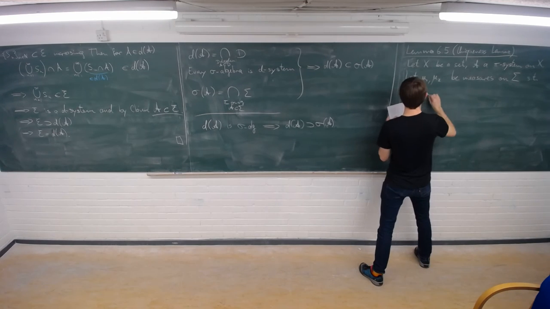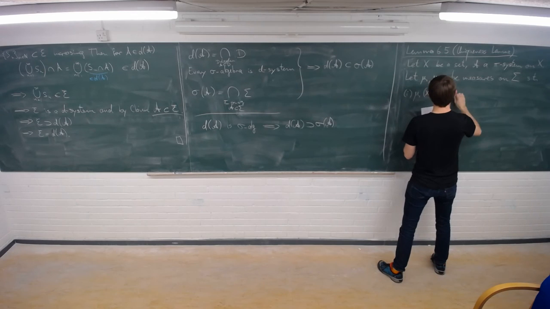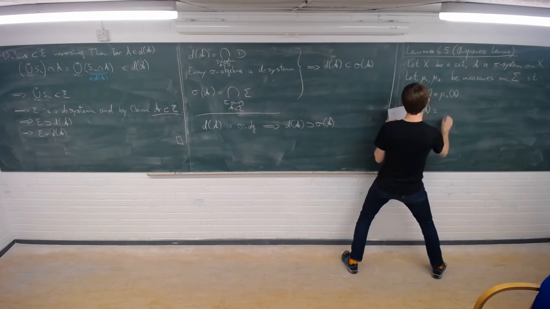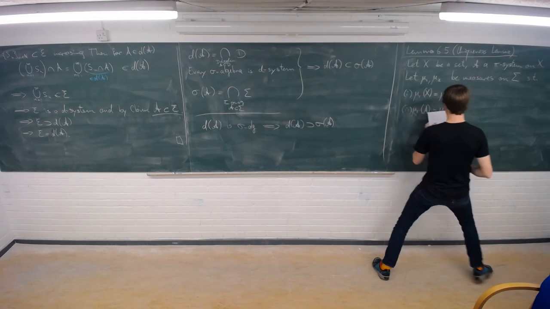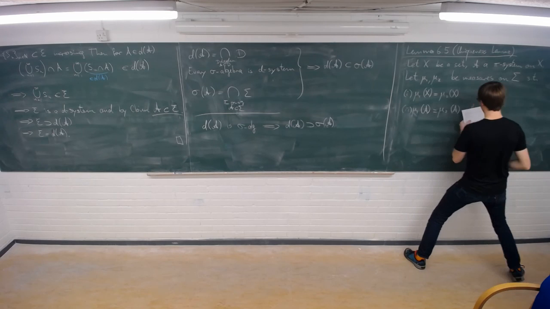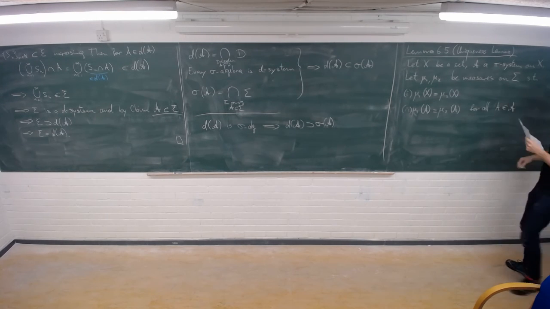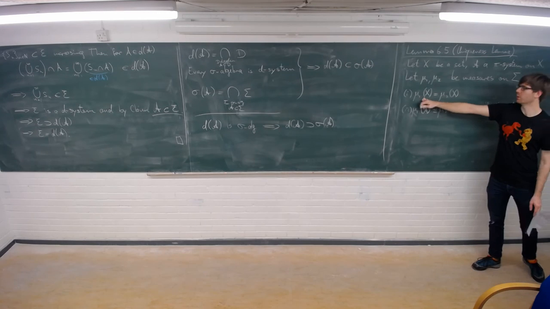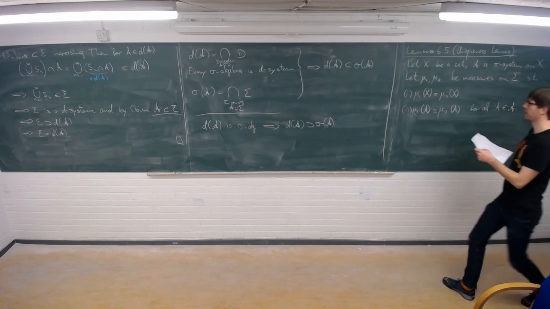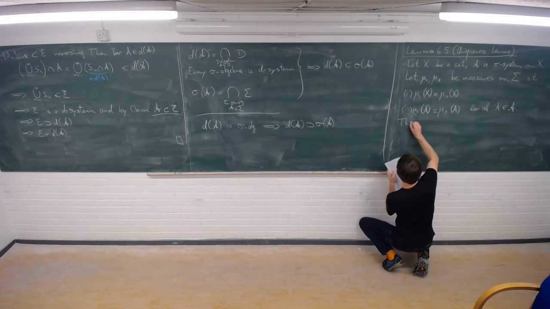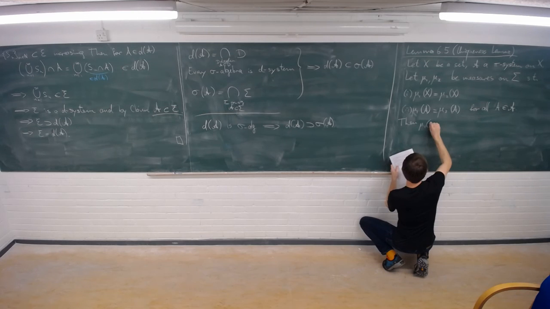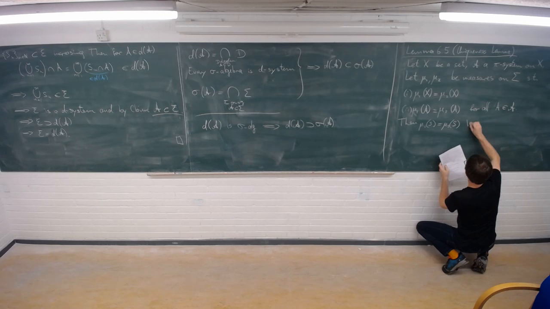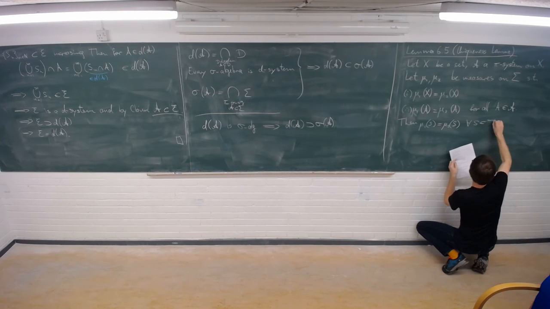First, mu1 of X is equal to mu2 of X, and second, mu1 of A is equal to mu2 of A for all A in A. Right, so these two measures agree on A, and in addition, mu1 of X is equal to mu2 of X. Then we can conclude that mu1 of S is equal to mu2 of S for every S in sigma.